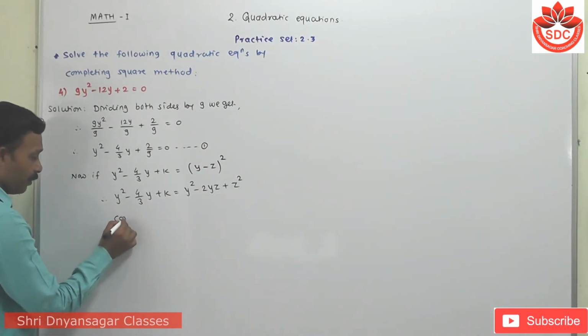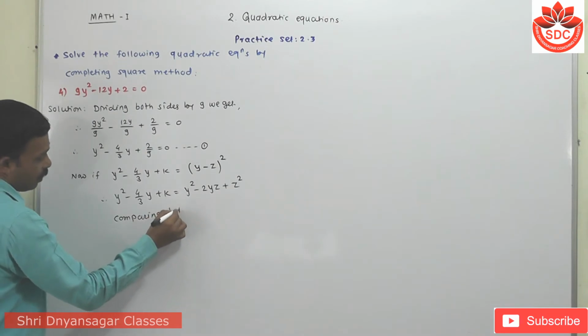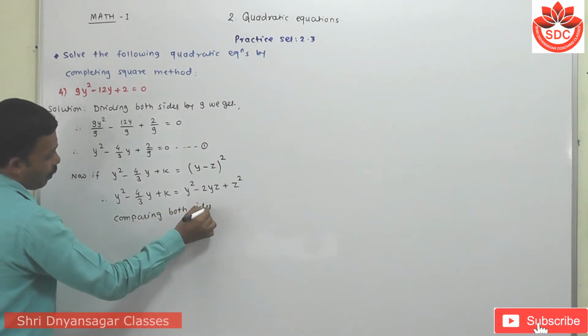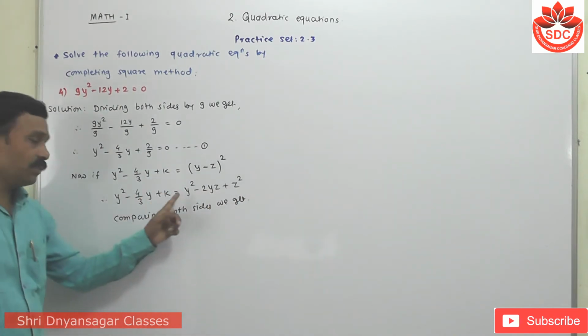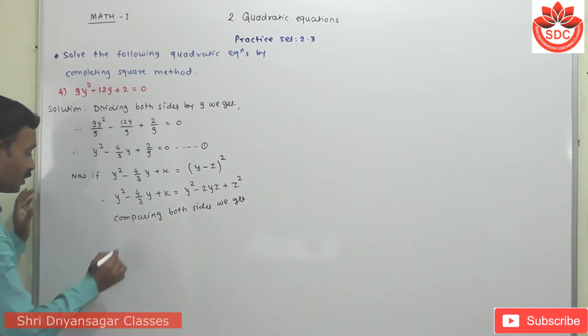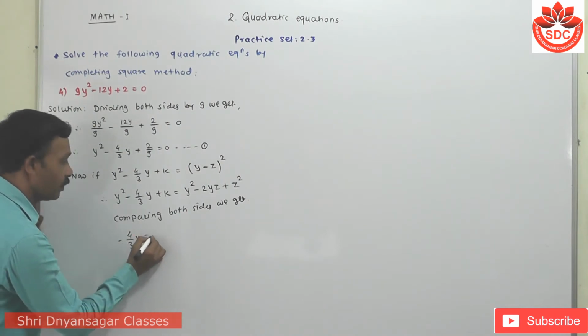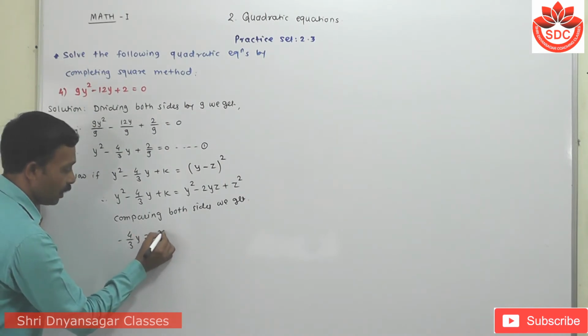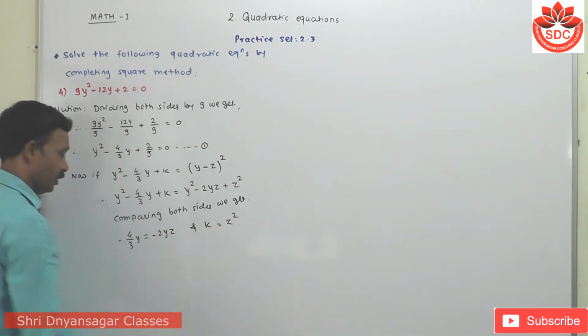By comparing both sides we get, y square is y square, then minus 4 upon 3y is equal to minus twice yz, and k is equal to z square.